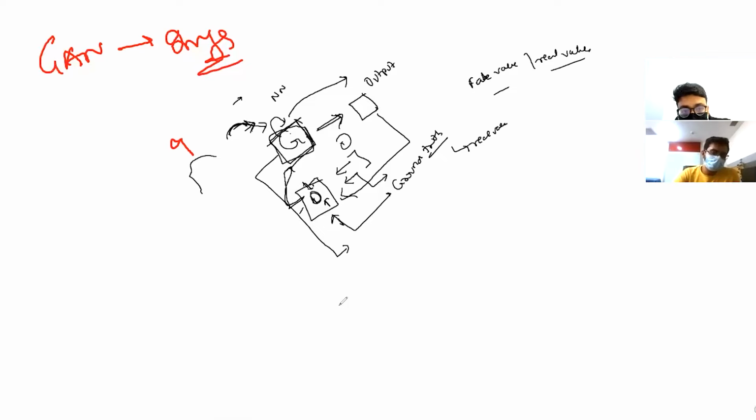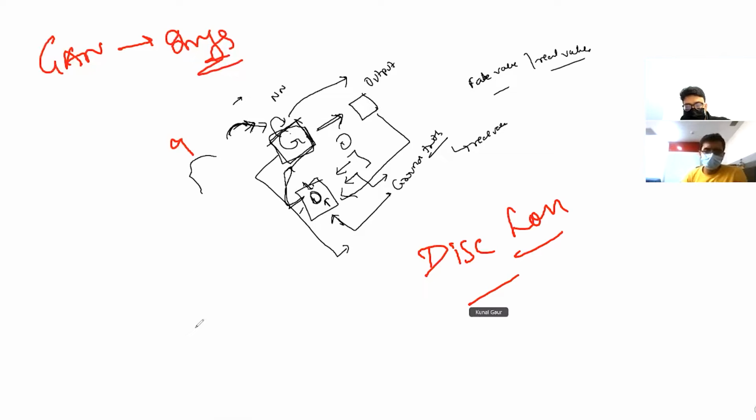What is the appropriate value you want for the discriminator loss? Sir, in my opinion, the discriminator loss should be high. No, I'm just asking what is the appropriate value you want for the discriminator loss.